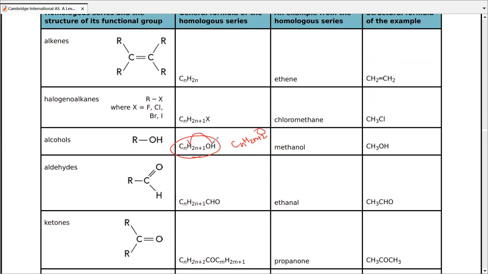This H is sometimes added to this one, makes it a whole formula of alkane, and then there's just the oxygen atom. But this is a better way to write it. This specifies the functional group OH as a part of the homologous series. But even if it is written like this in exams, which you are going to face a lot in paper one, don't get confused by it.